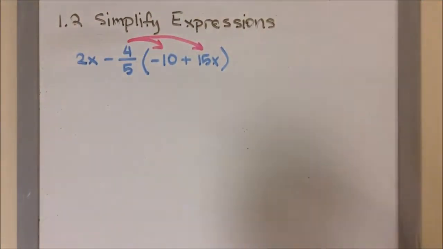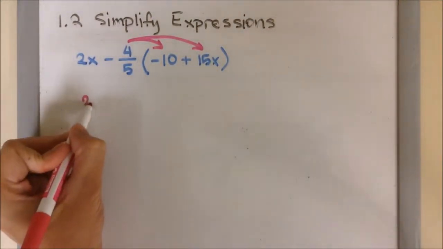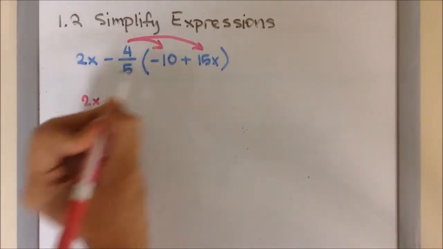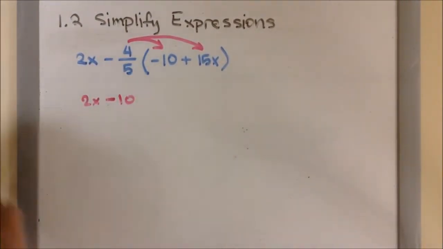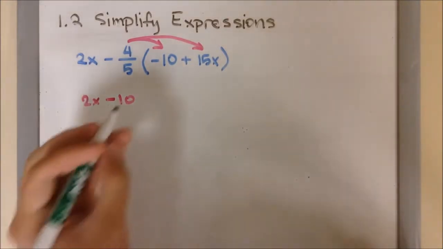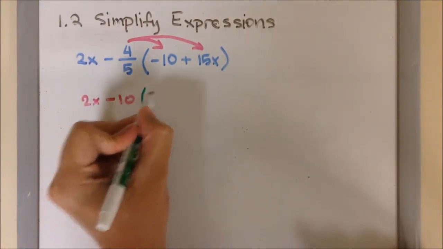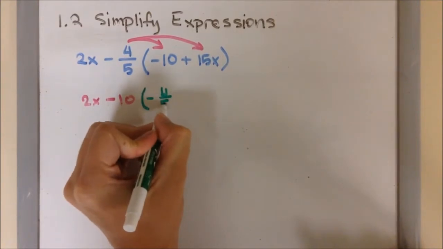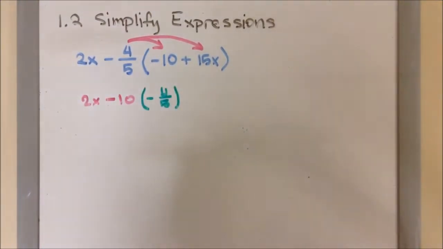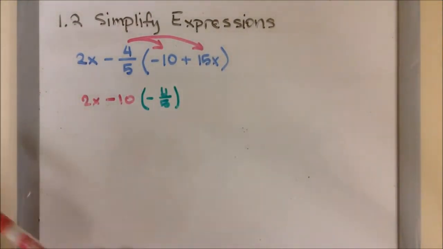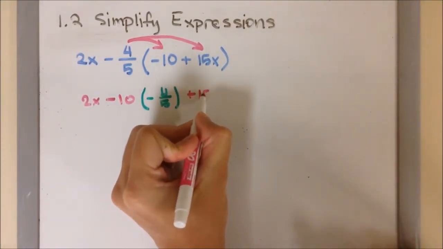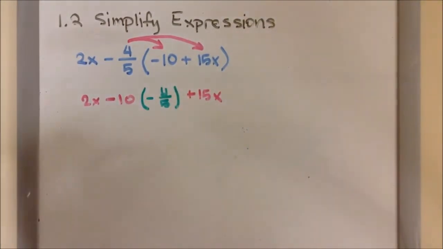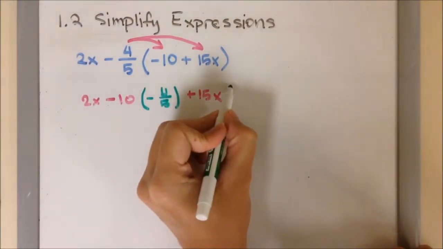So we're going to have 2x, I'm going to have minus 10, and it's going to be multiplied by negative 4/5. And then plus 15x. And again, since it's being distributed, it's going to multiply by negative 4/5.